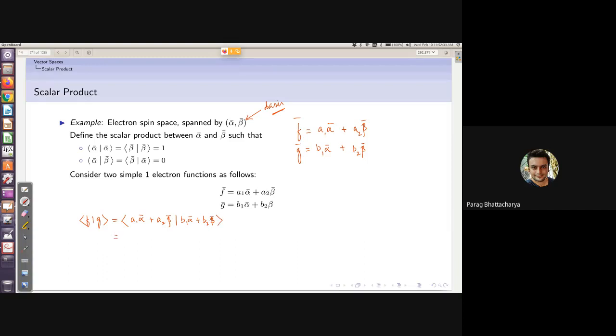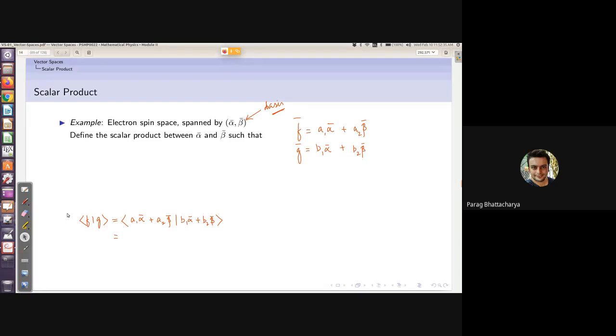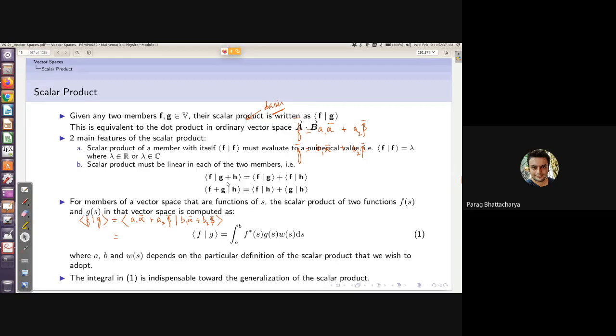Now how do we go about working this out? We use those two features, remember? We can use this feature to expand. If you combine these two, what does this give us? If I have vector a plus b and vector c plus d, what is this going to be equal to?